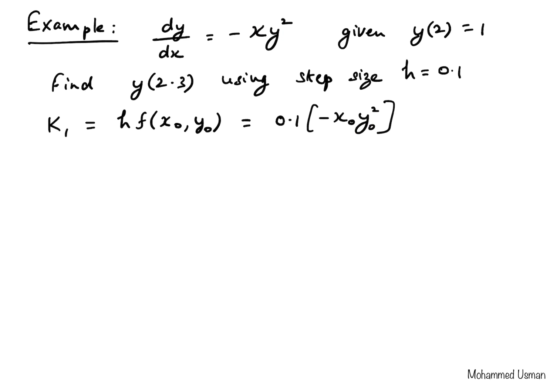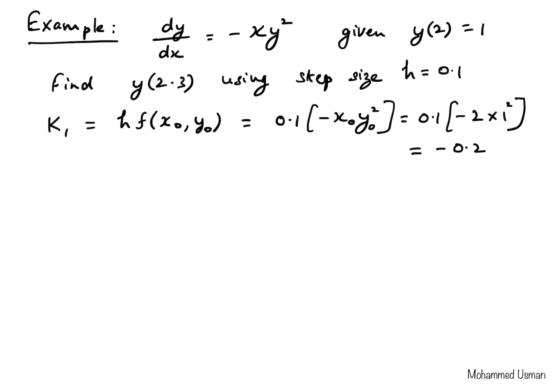So that is equal to 0.1 into minus x0, which is 2, into y0 squared, y0 is 1, so 1 squared. So that gives us k1 equal to minus 0.2.